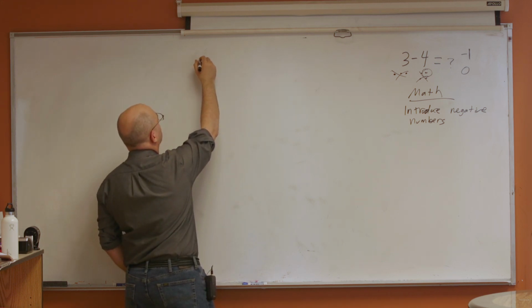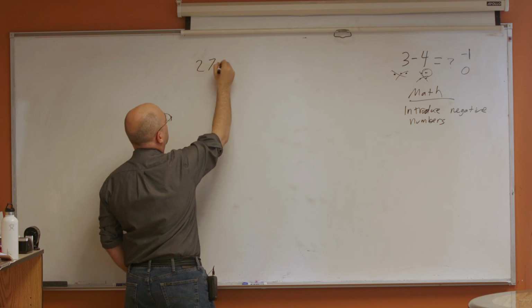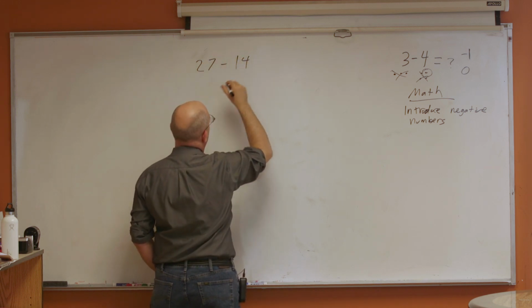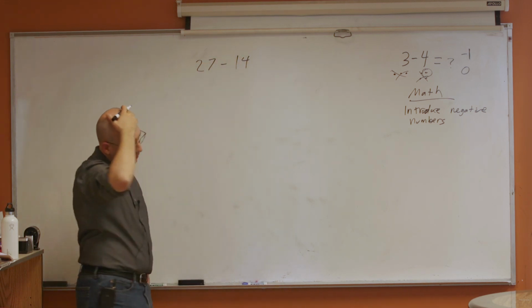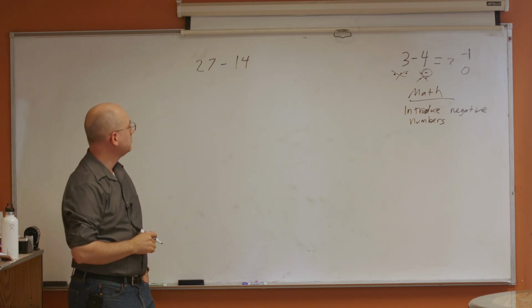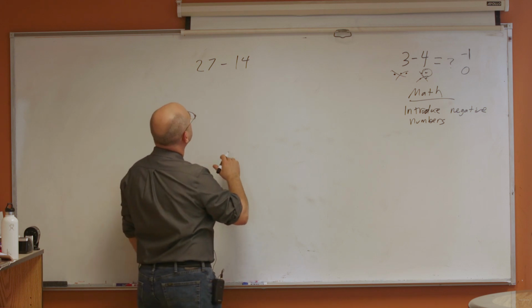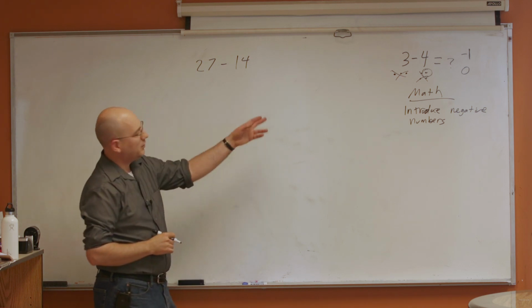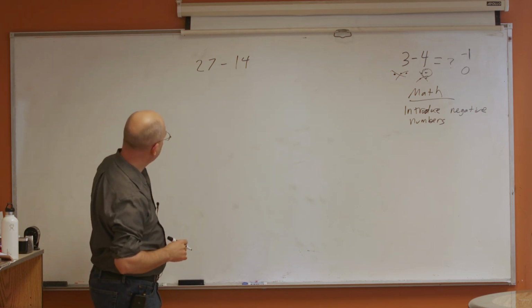Let's try some 2-digit subtraction. 27 minus 14. What is it? How do we do it? So obviously we don't want to do the dots thing, right? That's absurd.